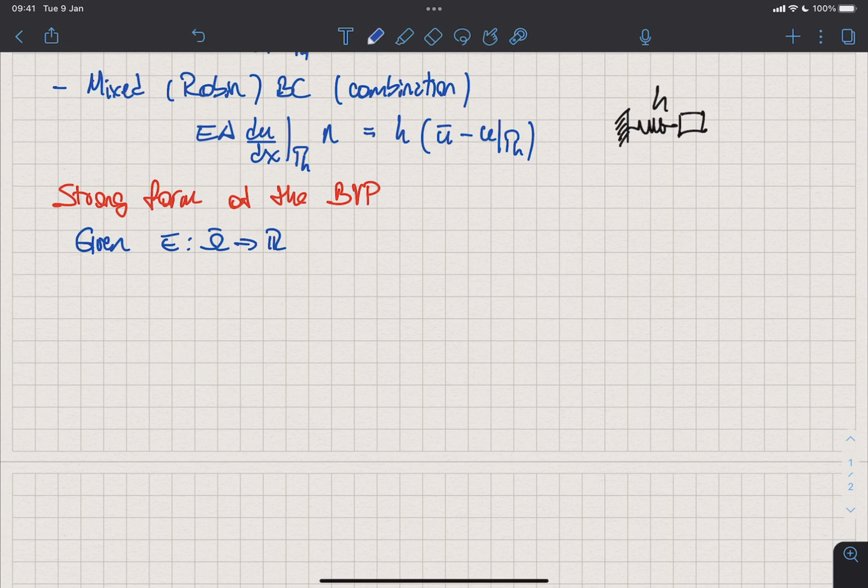What did you write on the right, before the E? Yeah, given. Oh, sorry. My handwriting is not the best, as you can see. Then we have the area, which we're also going to assume is a function. Of course, it's a real quantity. Then we have our spring S that goes from omega to reals. Then I have our load per unit length.